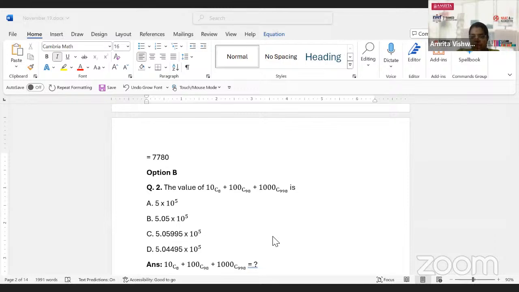If you have completed answering, I want you to give me the answer in the chat box, whether it's option A, B, C, or D. Whichever you feel is the correct answer, I would request you to type that in the chat box. The value of 10C8 plus 100C98 plus 1000C998 is equal to. Here the options are in terms of power, 10 raised to 5, power of 10.